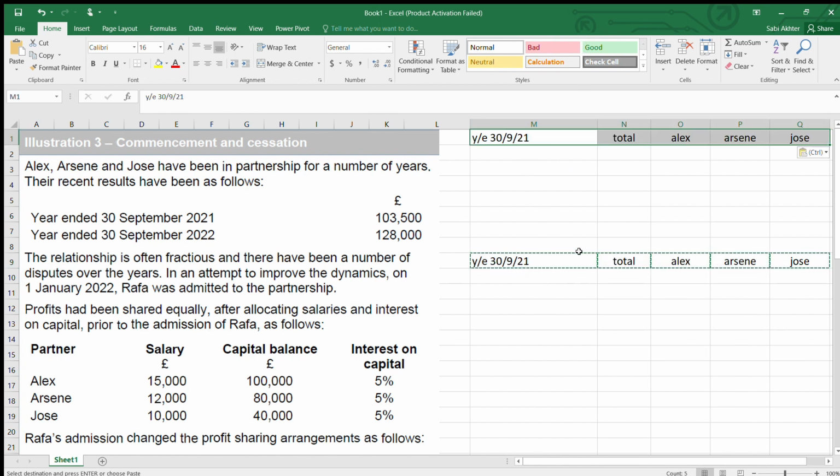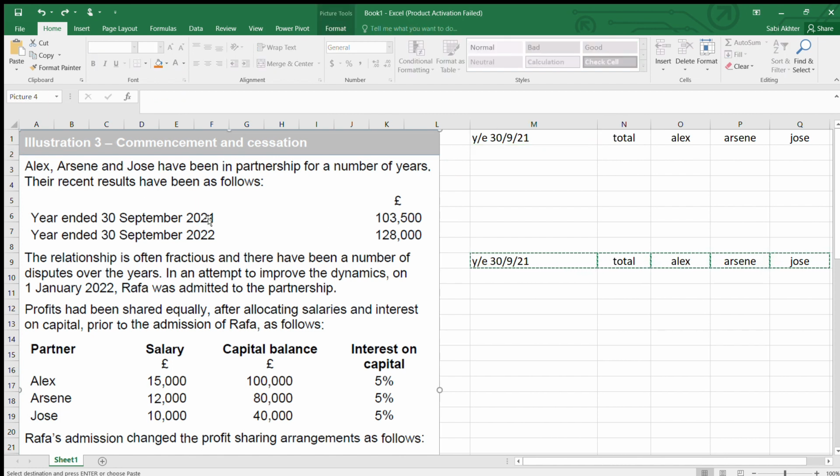Now, first for year end 30th September 2021, we have 103,500. This we need to allocate first.